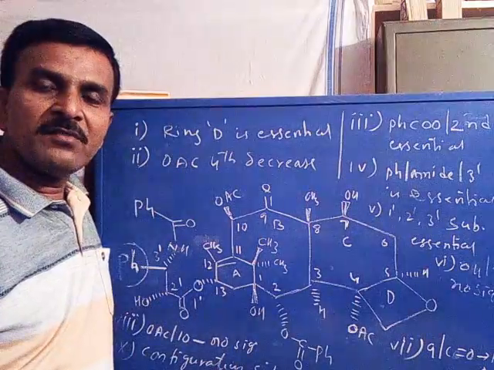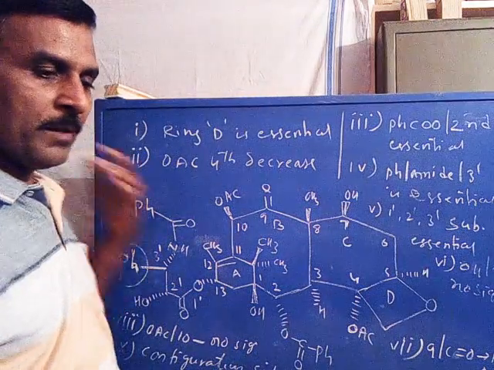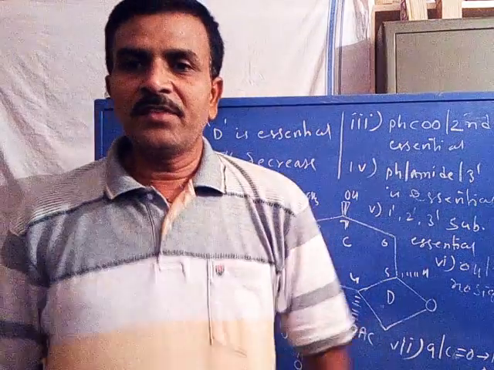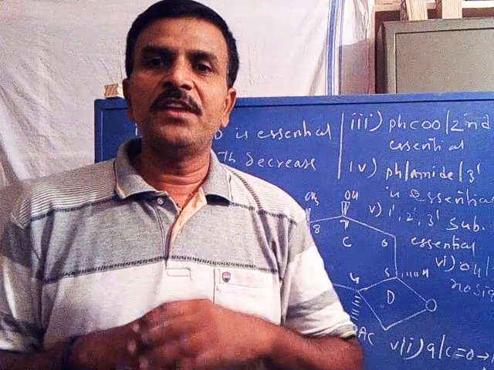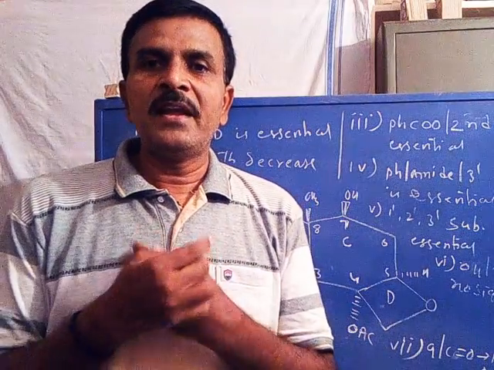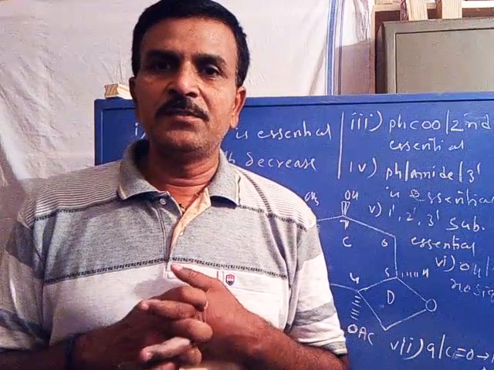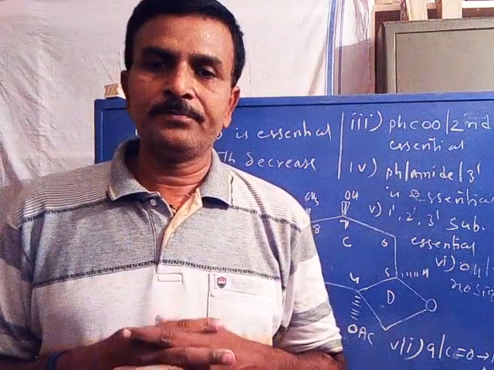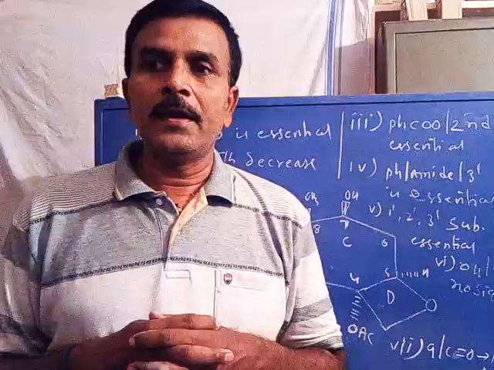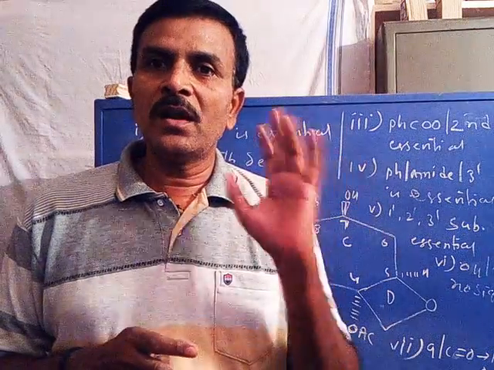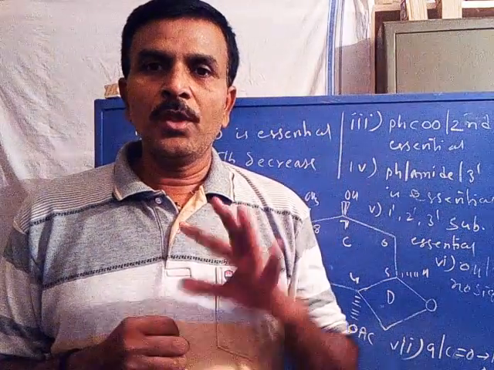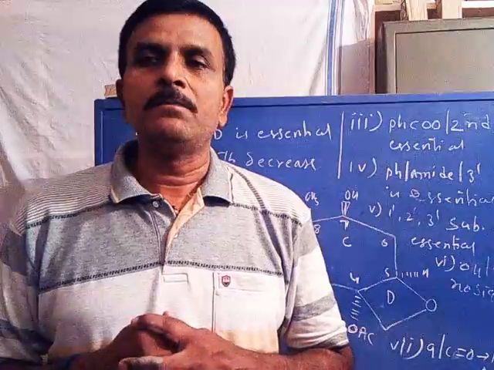Now the configuration of the side chain, that is the 1', 2', 3' carbons of the side chain, is also essential for its anti-cancer activity. So this is about the structure-activity relationship study of the Taxol analog. Now this study indicated what to do, what not to do to improve the anti-cancer activity.